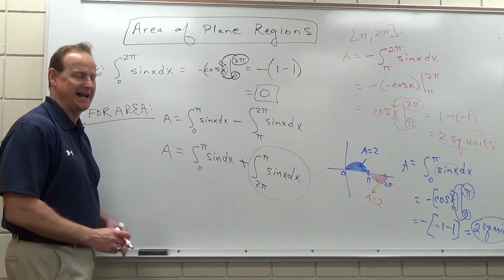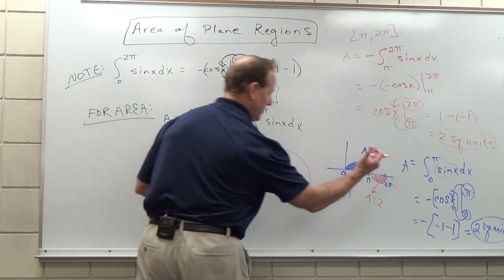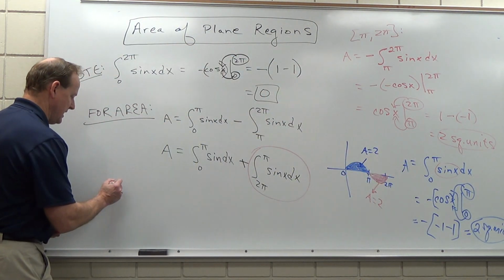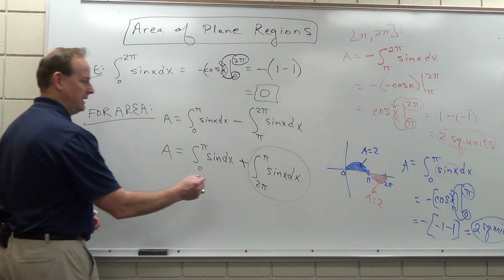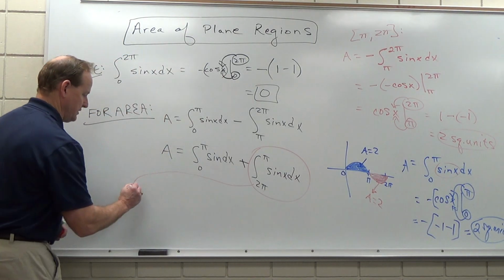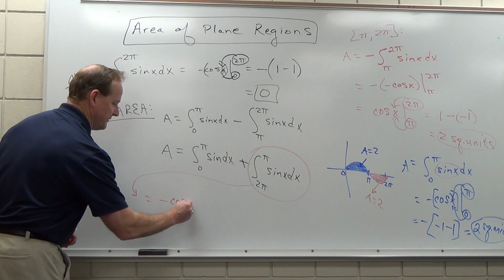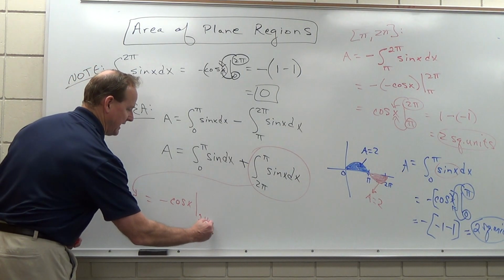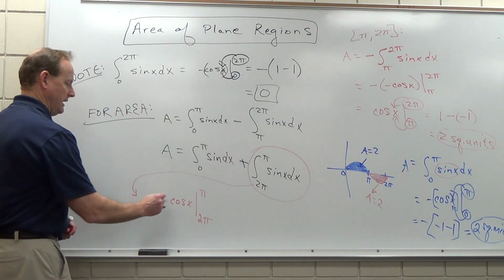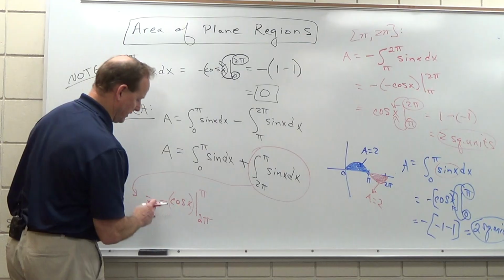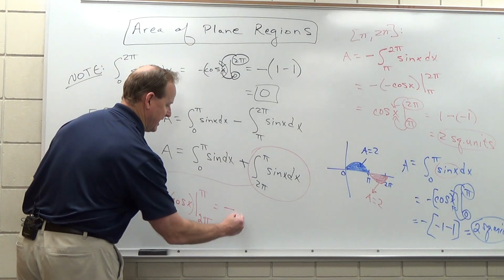So let's actually evaluate it this way, which is really from right to left, and see what that ends up being. So the definite integral from 2 pi to pi is going to be minus the cosine of x evaluated from 2 pi to pi. And remember, it's plugging in the upper limit minus the lower limit, and of course I've got my minus sign out front.